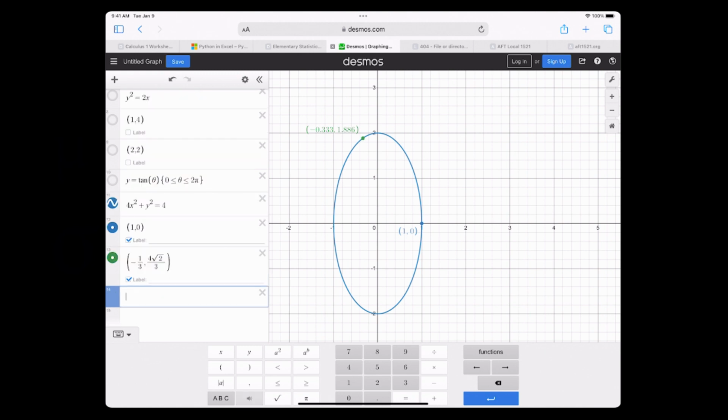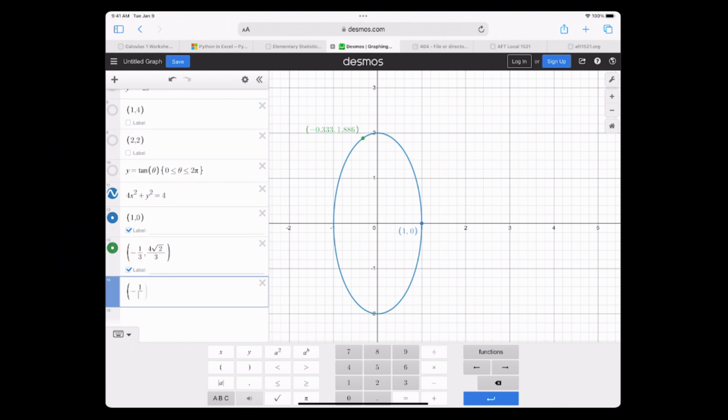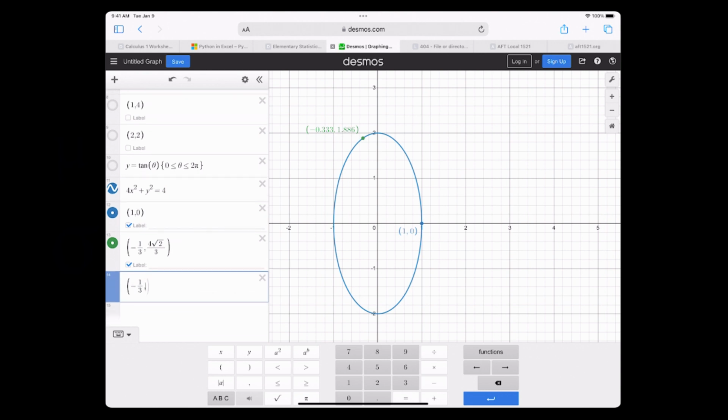I'm going to label that point. And then, again, -1 divided by 3, comma, -4 square root of 2 divided by 3. We're going to label that one too.